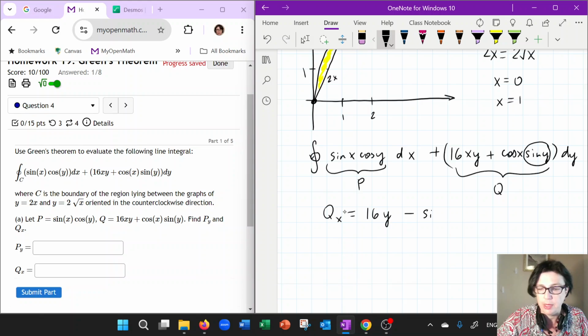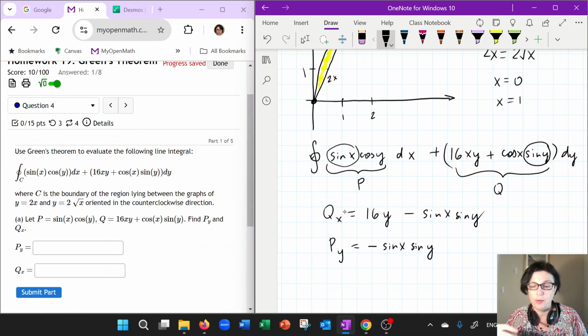So this will become minus sine x sine y. Now P with respect to y: sine x cosine y with respect to y will become negative sine x sine y. In this case, we're treating sine x as a number and differentiating cosine y, which gives negative sine.